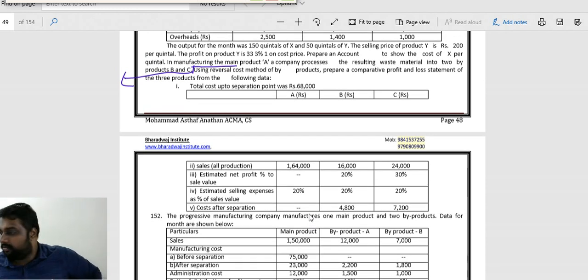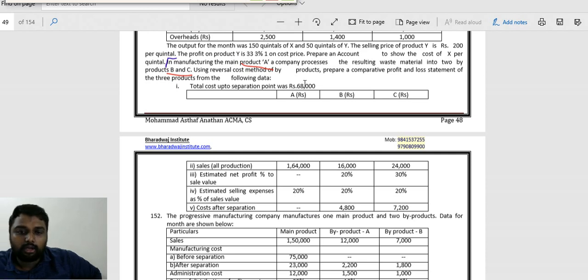See, actually, from here the question starts. In a manufacturing product, the main product A and 2 byproducts B and C. So the main product is A, and the byproducts are B and C. Are you ready?